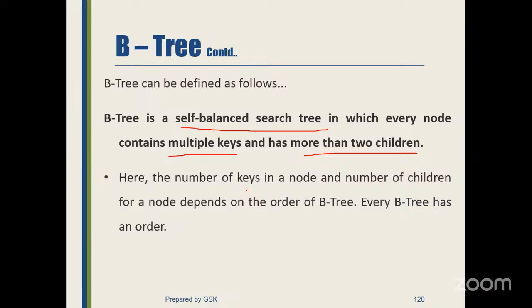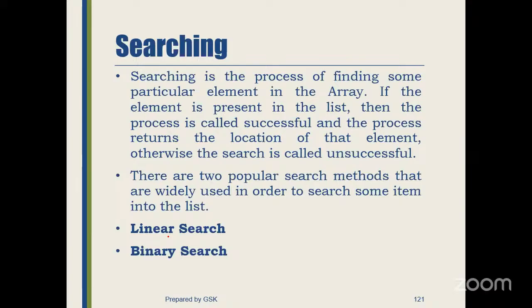Here the number of keys in a node and the number of children for a node depends on the order of the B tree. How many keys a node has and how many children a node has depends on the order of the B tree. So every B tree has an order, right? So this is about trees.